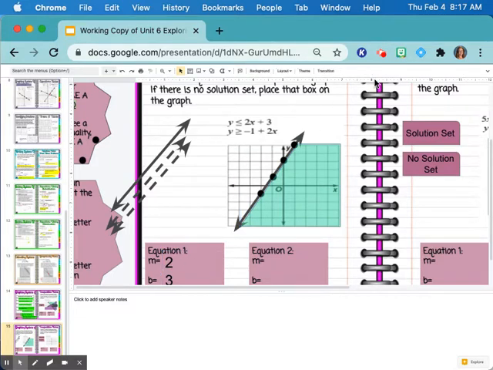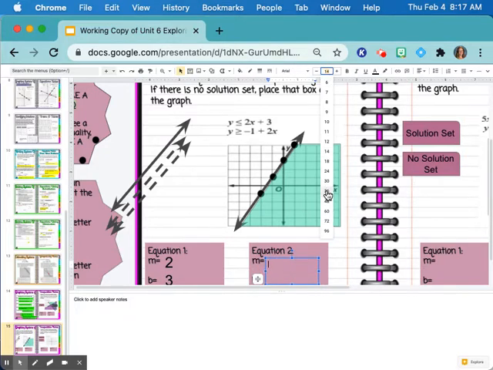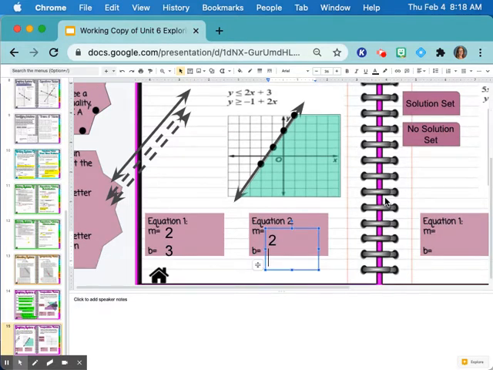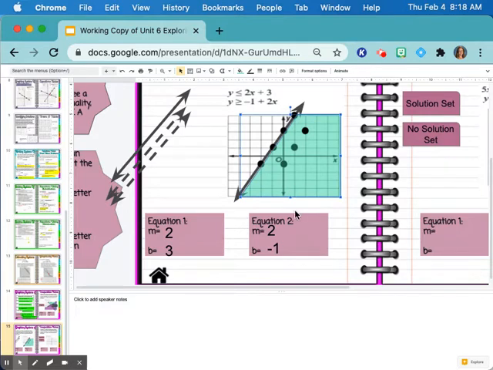And then the other one, our slope on the other one is 2, and our y-intercept is -1. So we would start at -1, up 2 over 1, up 2 over 1, and then go down to left 1.